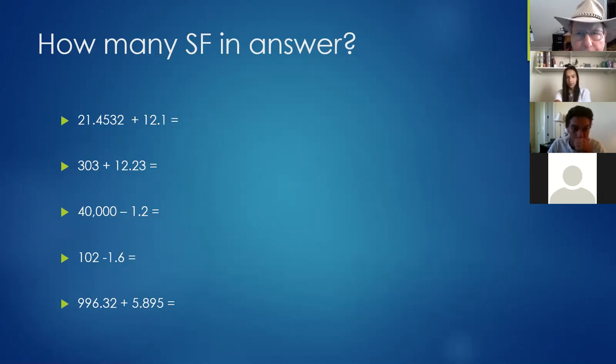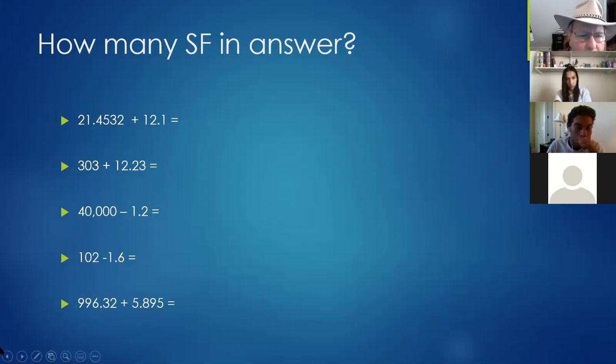So if I subtract 1.2 from 40,000, my answer is 40,000, because basically, the 1.2 is insignificant when compared to 40,000. It's like spitting in the ocean. Does your spit really damage the ocean any? Because it's diluted by a mass so much bigger. Okay?